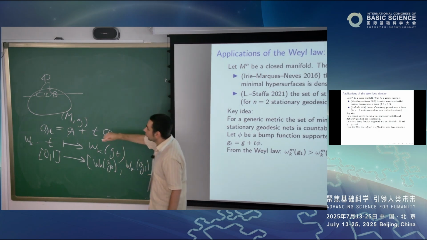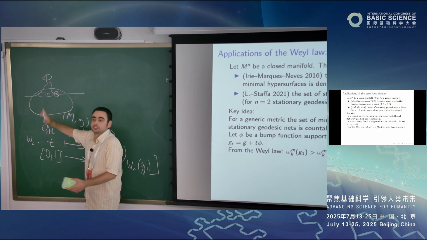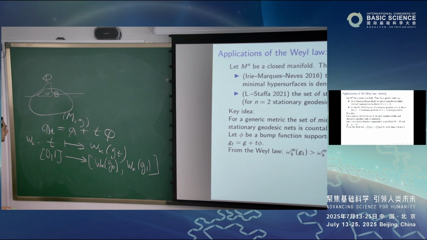Now, suppose there are no minimal hypersurfaces passing through this small ball, and when you perturb the metric, there are still no minimal hypersurfaces passing through the small ball. So what does that mean? That means that as we change this metric, all of the minimal hypersurfaces will be outside. So there will be the same minimal hypersurfaces as in the original metric.